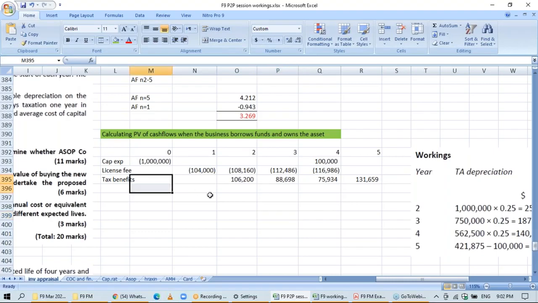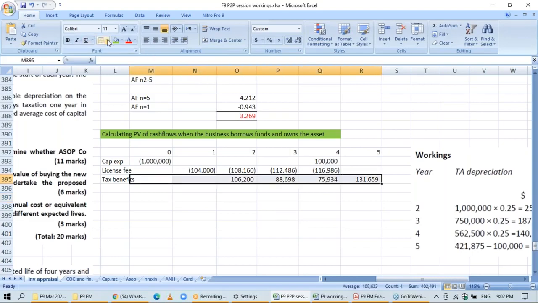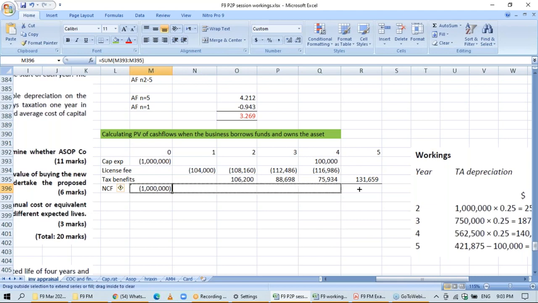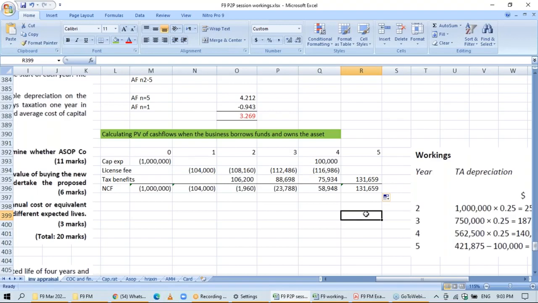Now we arrive at the net cash flows from the ownership of the asset. These are the NCF, the net cash flows. The net cash flows for the 5 years are as follows.